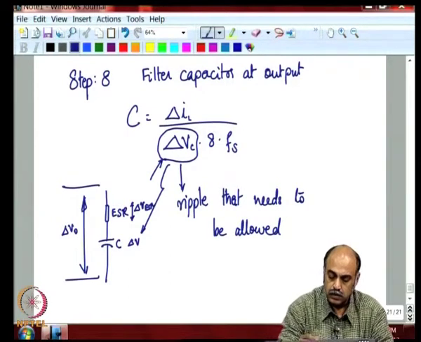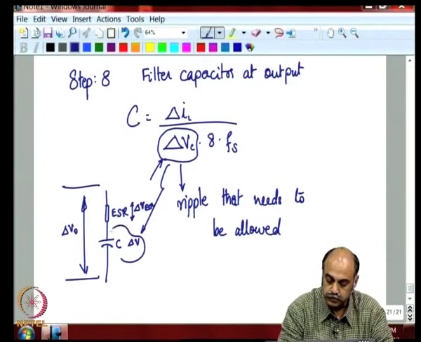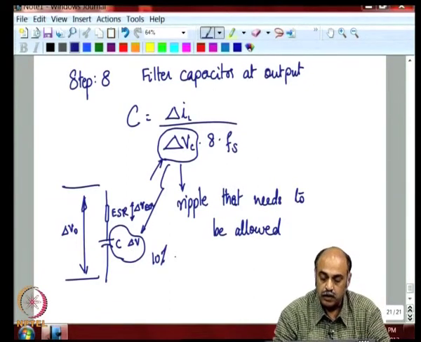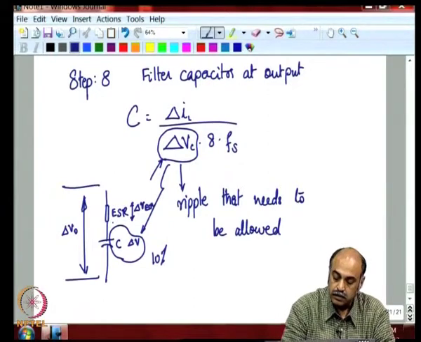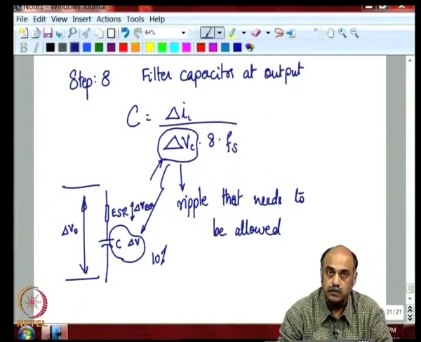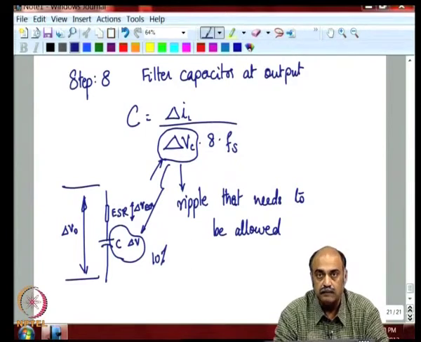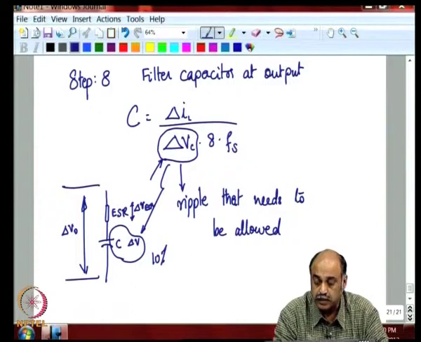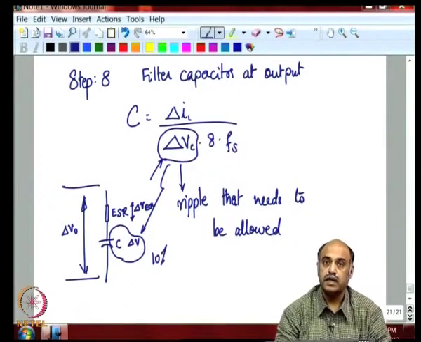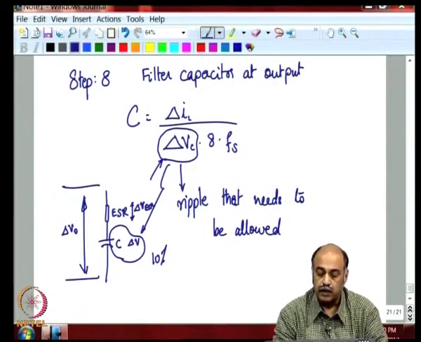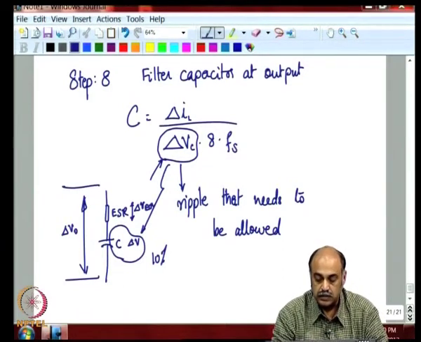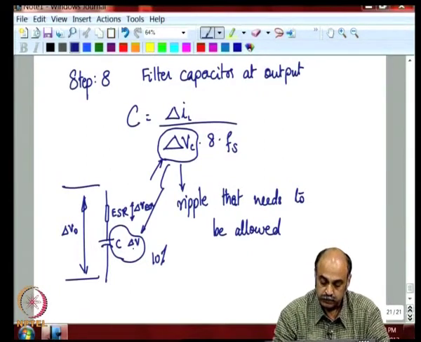Now, this portion is normally taken as 10% of the total output ripple, and the remaining is supposed to be across ESR, so that you can have a less stringent ESR requirement of the capacitor. A very low ESR capacitor can be very expensive, and therefore, you try to allow more drop onto the ESR and try to make up by putting a larger value of capacitance, lower value of delta V here.